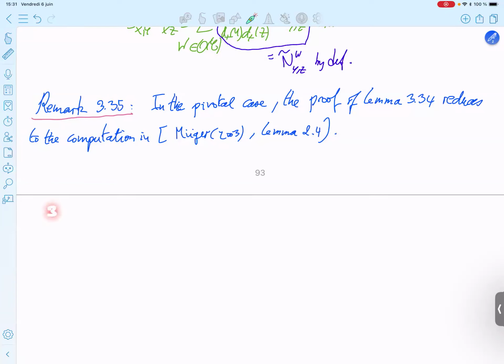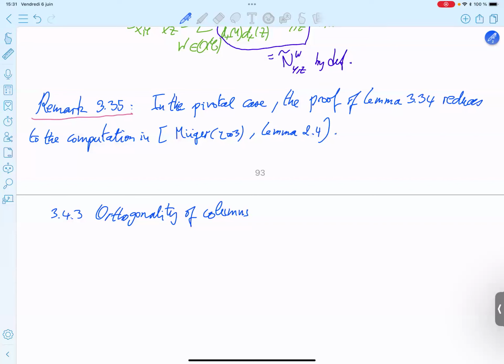So 3, orthogonality of columns in the submatrix S tilde index D. So it was written in equation 32 of the S tilde matrix.